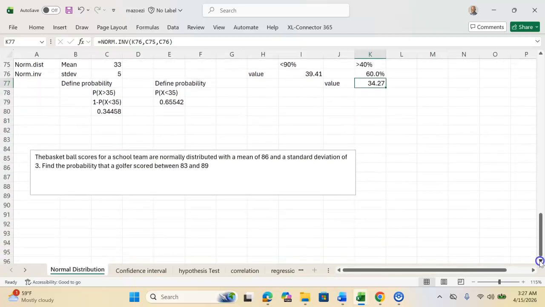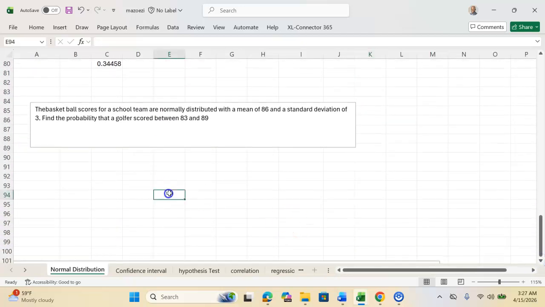So now let's look at this example, which says the basketball scores for a school team are normally distributed with a mean of 86 and standard deviation of 3. Find the probability that a golfer scored between 83 and 89.